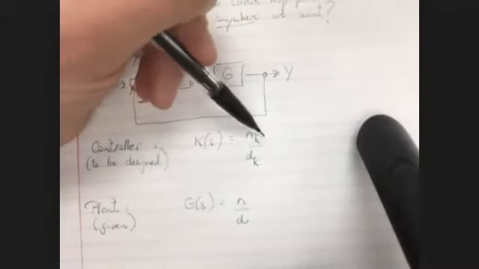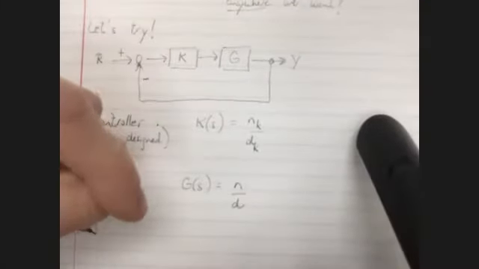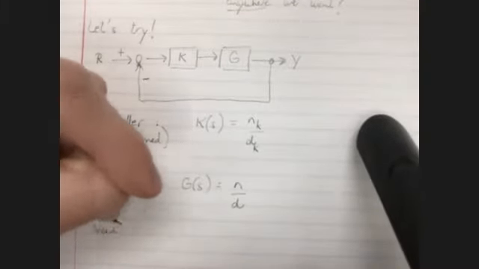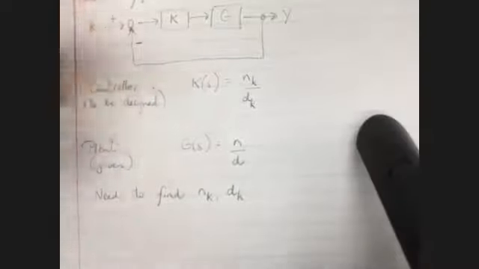So bottom line here is we need to find that NK and DK to achieve the desired pole location.